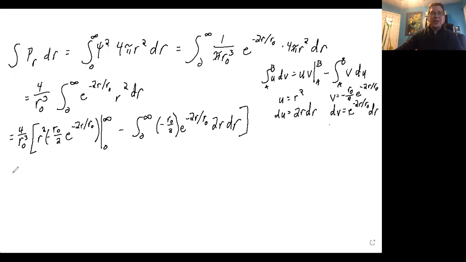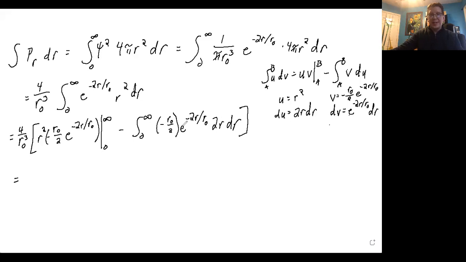So what that leaves you with is 4 over r naught cubed multiplied by r naught over 2, and oh, don't forget this 2 here.